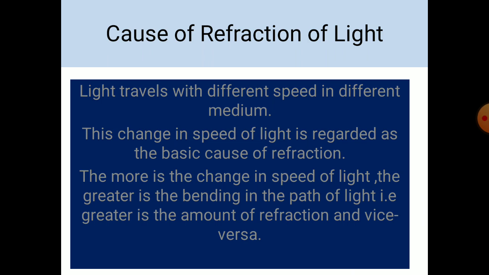This change in speed of light is regarded as the basic cause of refraction. The more the change in the speed of light while traveling from one transparent medium to another, the more will be the bending, the more will be the refraction. So, change in speed of light is the cause of refraction of light.